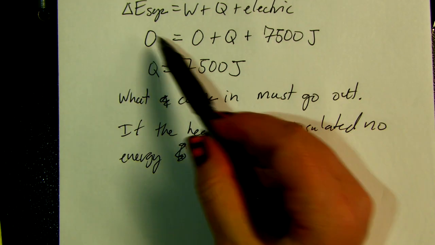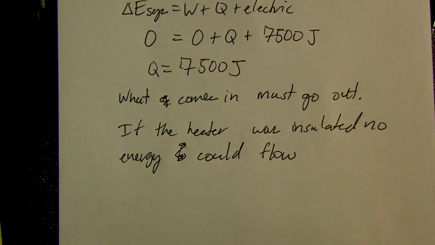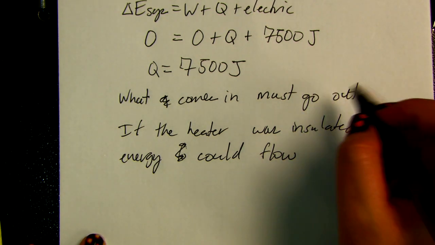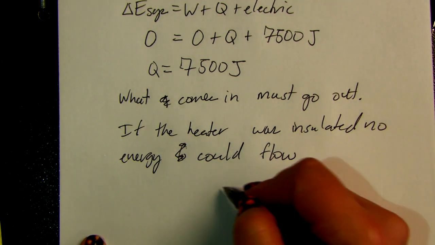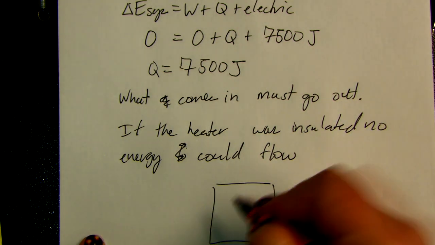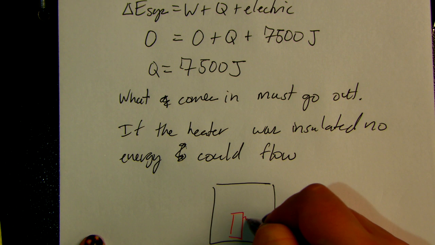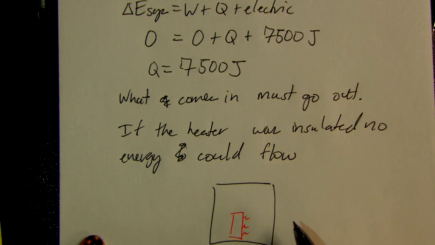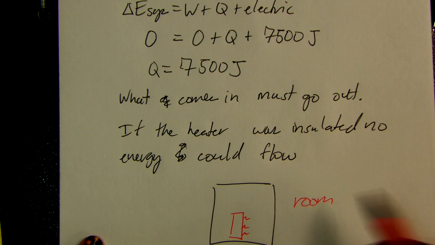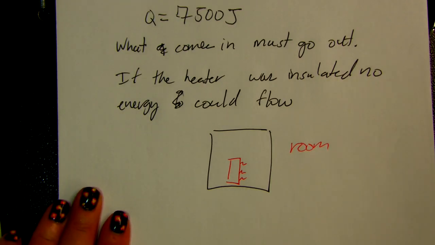The reason we knew delta E system was zero is that it was just a constant high temperature, so it was maintaining the same energy the entire time. If we insulated the heater, so basically you've got a box with your heater in it and the room out here, the room's going to stay cold.